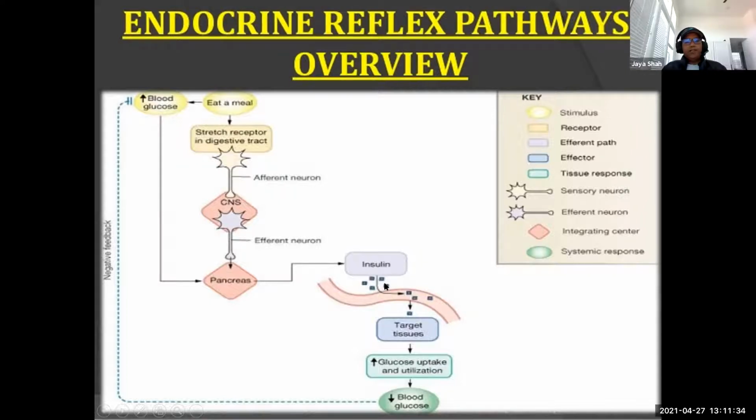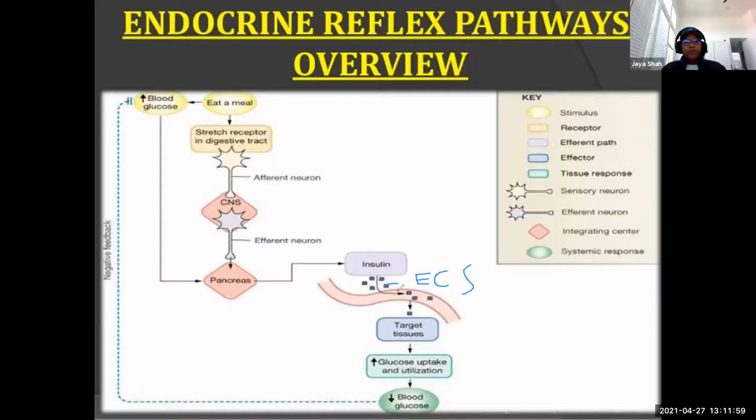You see here, this area is the ECF, the extracellular space. So insulin is coming into the extracellular space, and from there it gets into your capillaries, blood vessels.